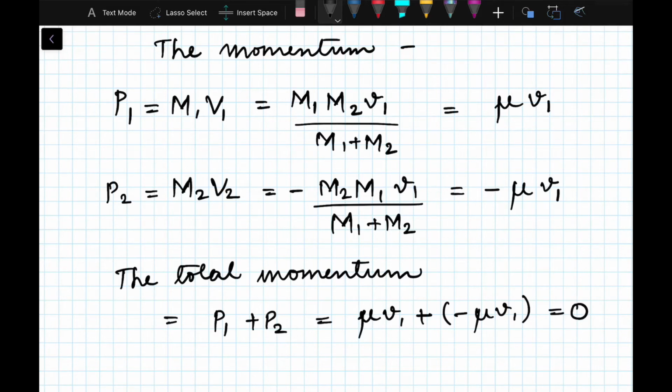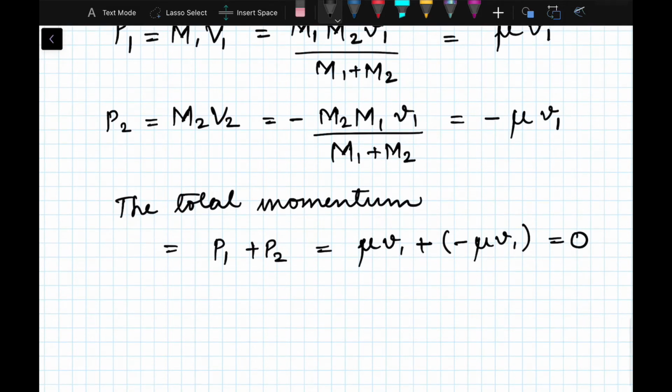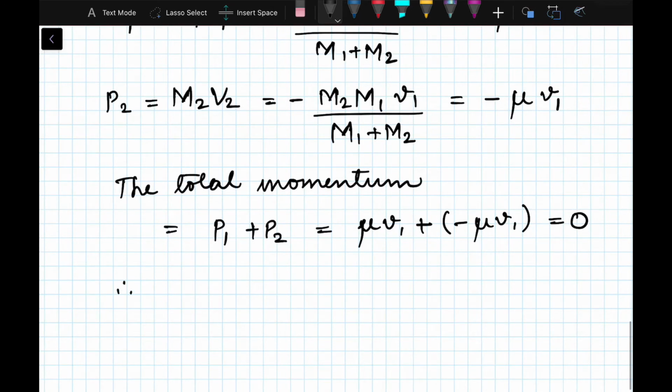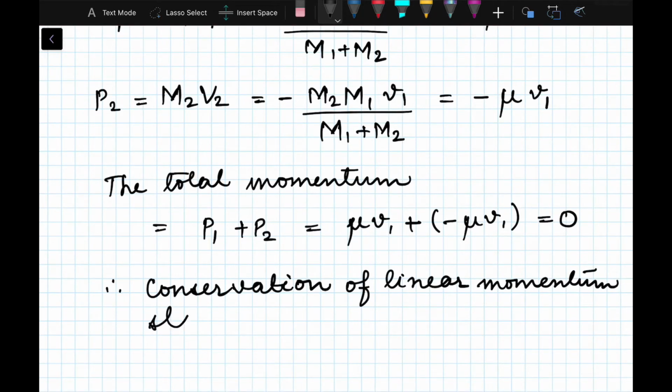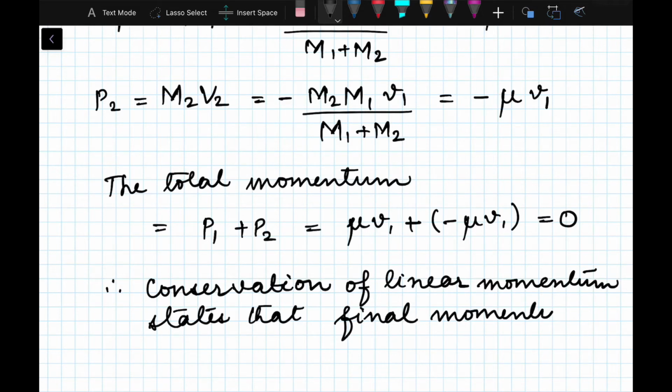So since the initial momentum is 0, by conservation of linear momentum, the final momentum must also be equal to 0.